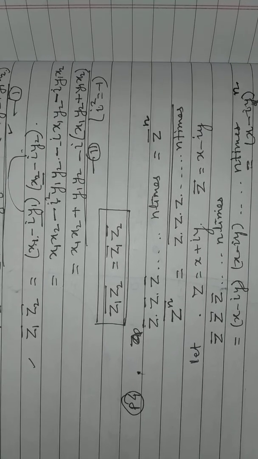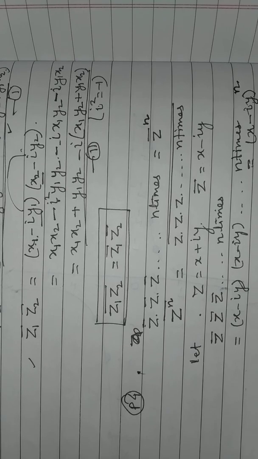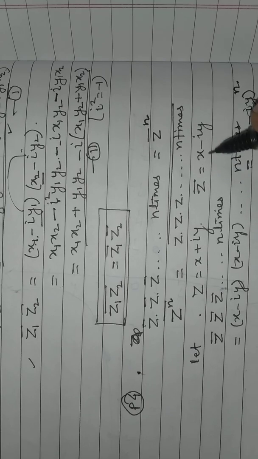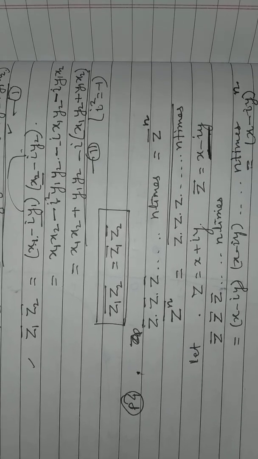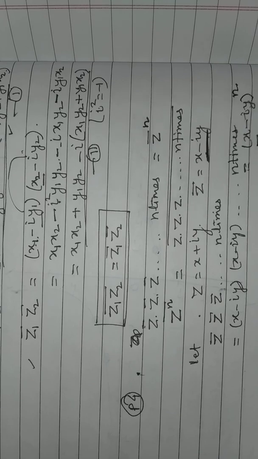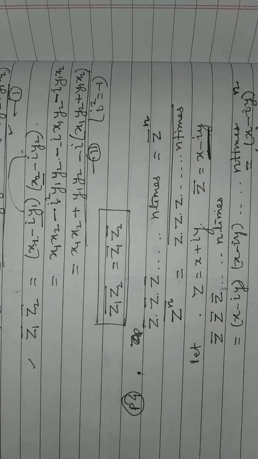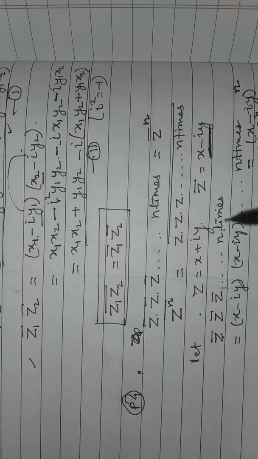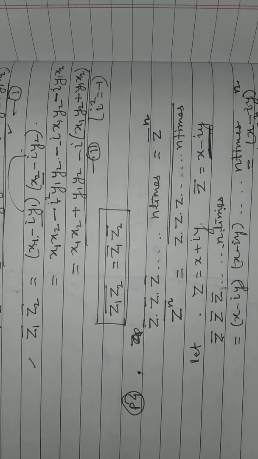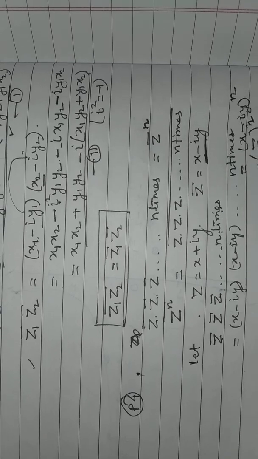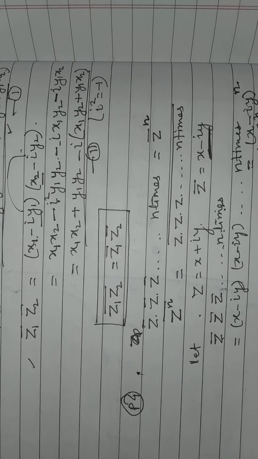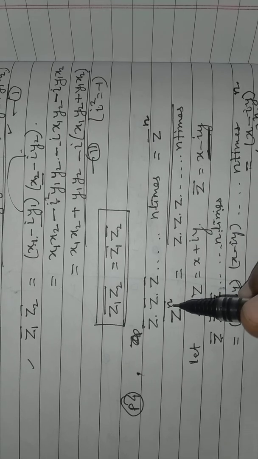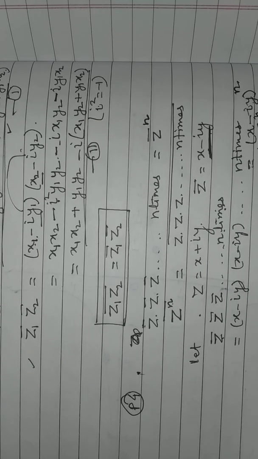And x minus iy is nothing but z conjugate, so it is z conjugate to the power n, multiplied n times. So this can be written in this way. And again I am taking z to the power n conjugate.